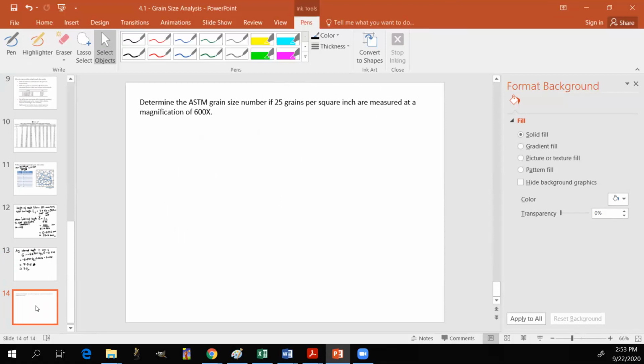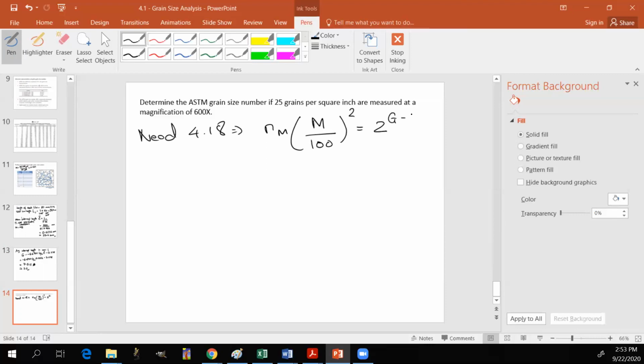So the equation that relates the grain size number to the average number of grains per square inch is equation 4.18, and that's basically N_M times M over 100 squared, and that's equal to 2 to the power of G minus 1, right?